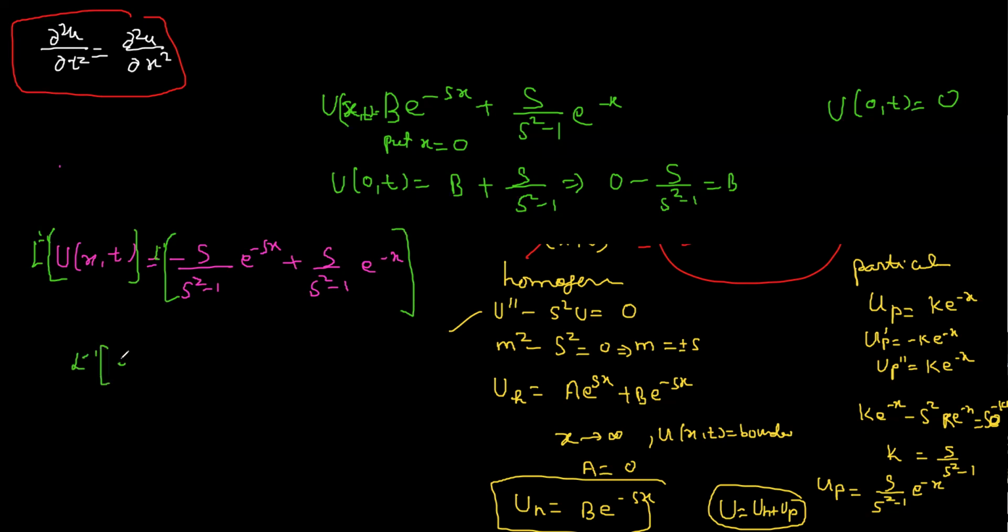So always remember whenever e minus xt s upon s square minus 1 is there. This is what? Cos hyperbolic t, right? Okay. So minus cos hyperbolic t.